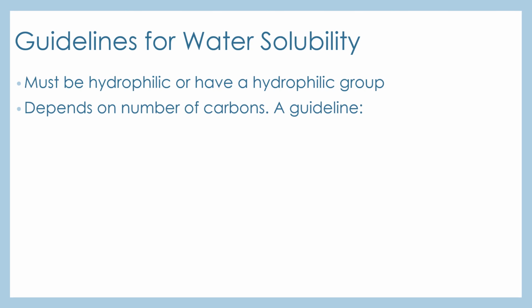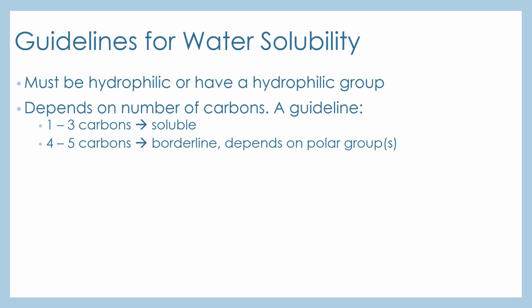Solubility is also going to depend on the number of carbons. 1 to 3 carbons is more likely to be soluble in water. 4 to 5 carbons are going to be borderline. It depends on the structure of the polar group and also how many polar groups you have. The more polar groups you have, the more likely it is that you'll be able to solubilize something. And 6 or more carbons are probably insoluble.